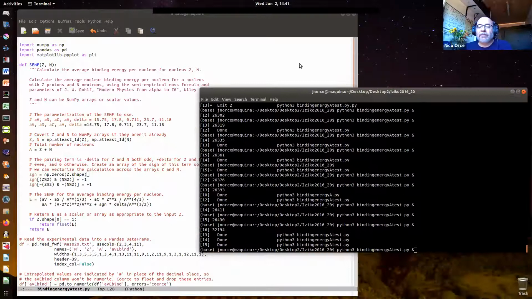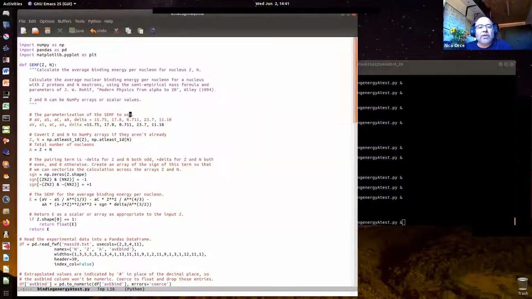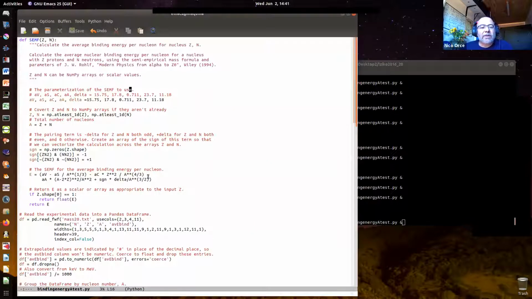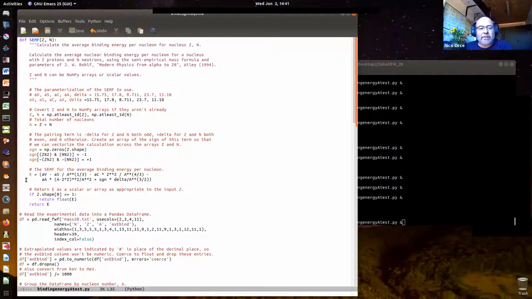I myself am old-fashioned. I open the terminal, but there are many notebooks, Spyder, Jupyter, which will help you visualize things in a way. I prefer just to look at the code and see what the code is doing. Here is the energy. What the code is doing is that this energy is actually the binding energy per A, per mass number.